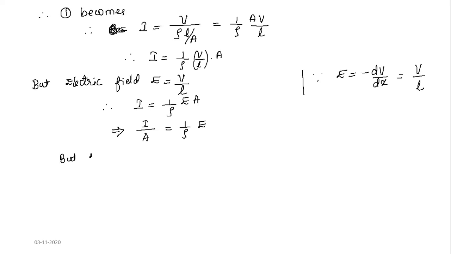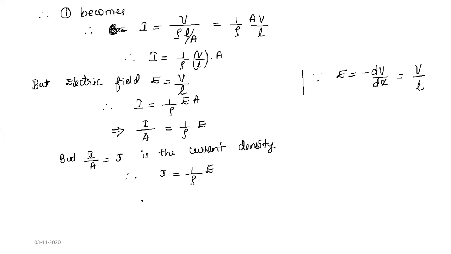I divided by A is equal to J, the current density. The definition of current density is the ratio of current per unit area. Therefore J is equal to 1 divided by rho into E.